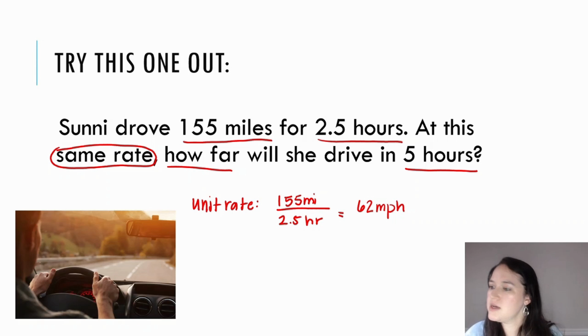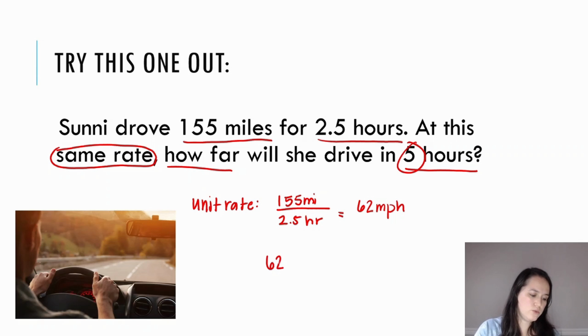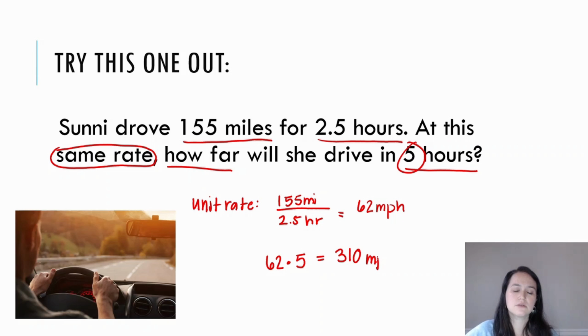Either way. So if she's going 62 miles an hour, I want to know in 5 hours, where is she going to be? So 5 hours total, not 5 hours from this 2.5. So how far will she drive just in 5 hours in general? So that's going to be 62 times your 5 hours. So I know it's got to be at least 155, right? So it's going to be 310 miles per hour.